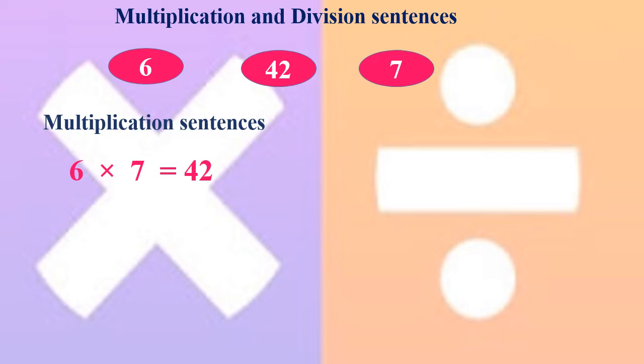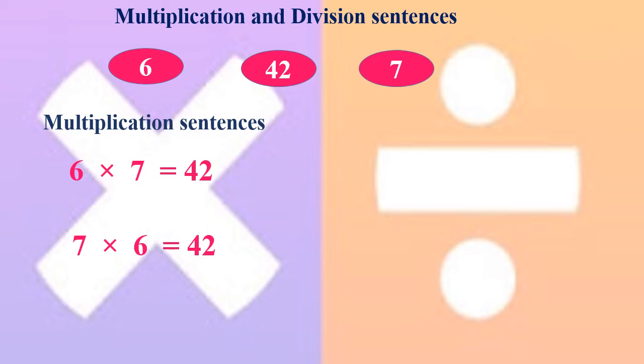Now 6 is here and 7 is here. Now we have to change these two. We take 7 first, then 7 multiplied by 6 equals 42.